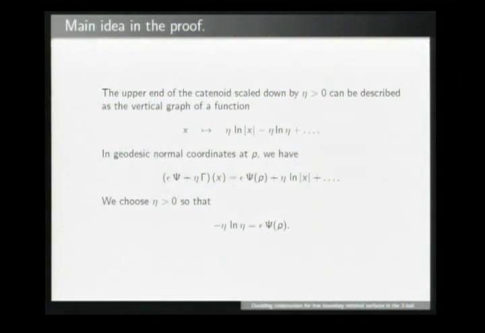And now you see that in geodesic normal coordinates, this function here can be expanded exactly this way. So here there is a sign mistake, but here there is not.